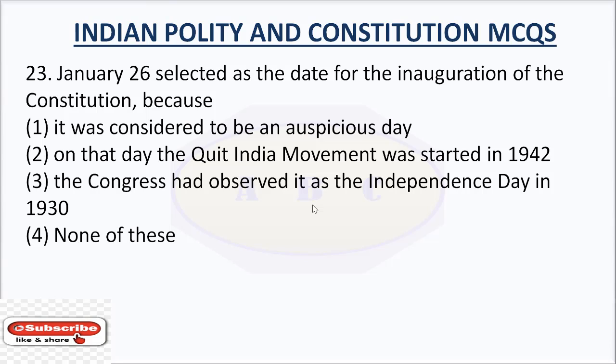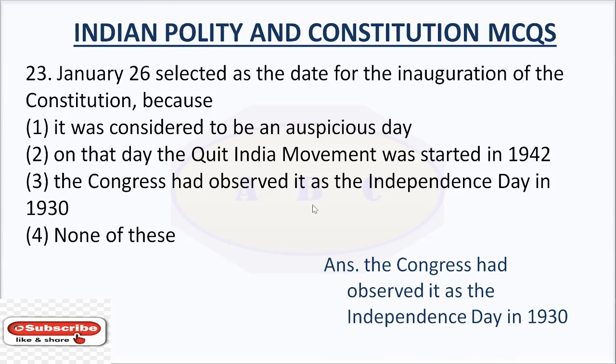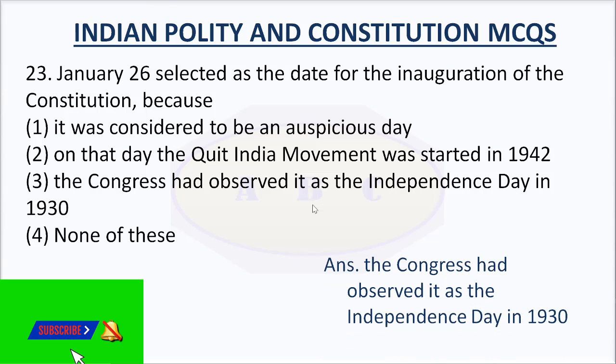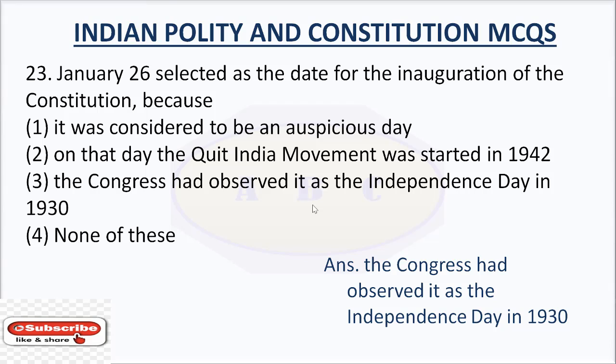Question number 23. January 26 was selected as the date for the inauguration of the Constitution because. The right answer is, the Congress had observed it as the Independence Day in 1930. The Indian Constitution was adopted by the Constituent Assembly on the 26th November 1949 and it came into force after 2 months on 26 January 1950.